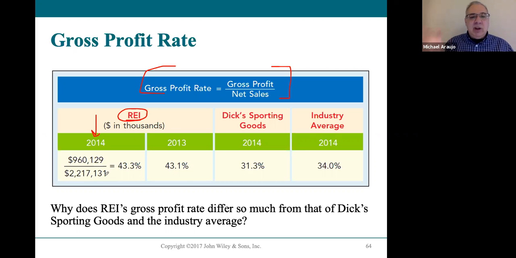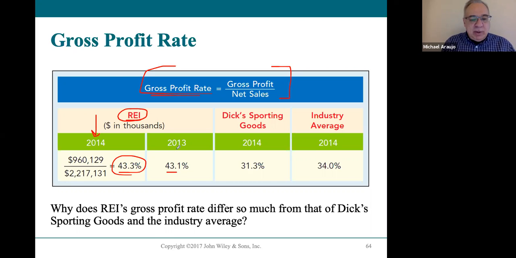So this information comes directly from the income statement, no other place. When you compare these two numbers, it's going to come out to 43%, which means that they have a 43% gross profit margin, or gross profit rate, on their products.